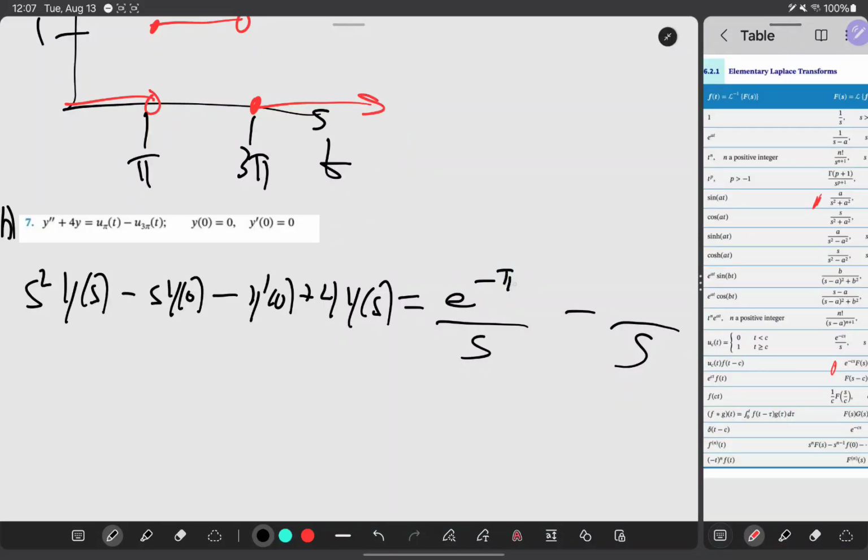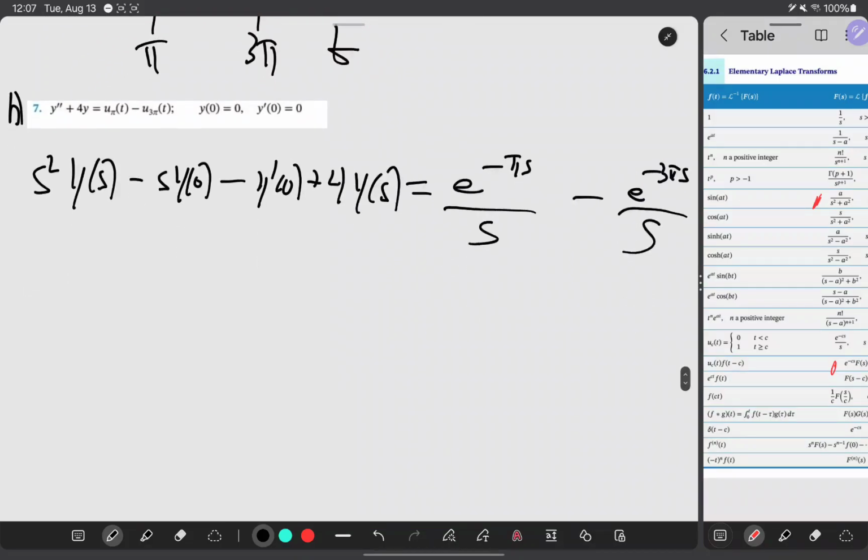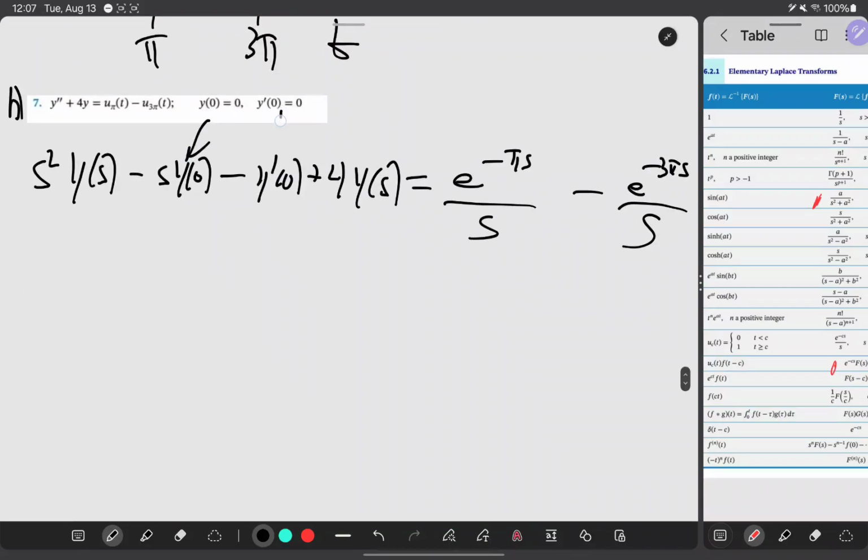Let me double check. Yes, we are cooking. That's perfect. Both are 0 yet again. We like to see that. So I'm just gonna go right ahead to the next part.